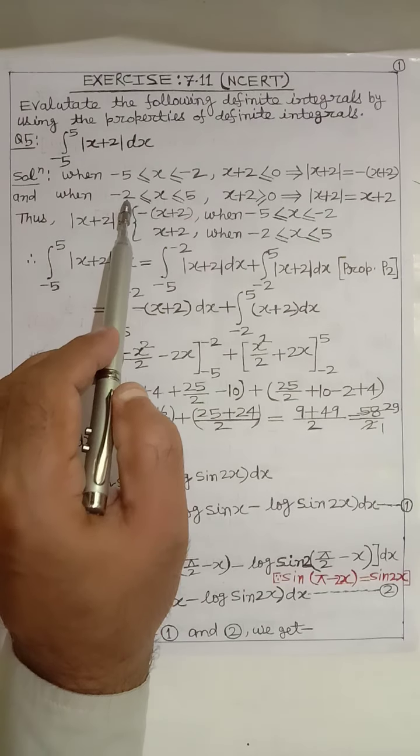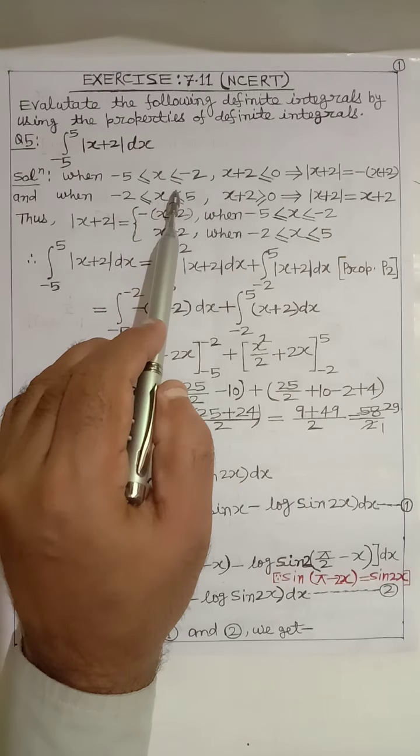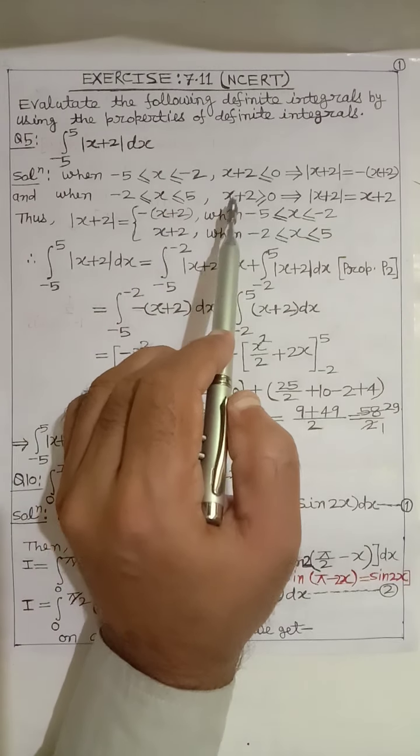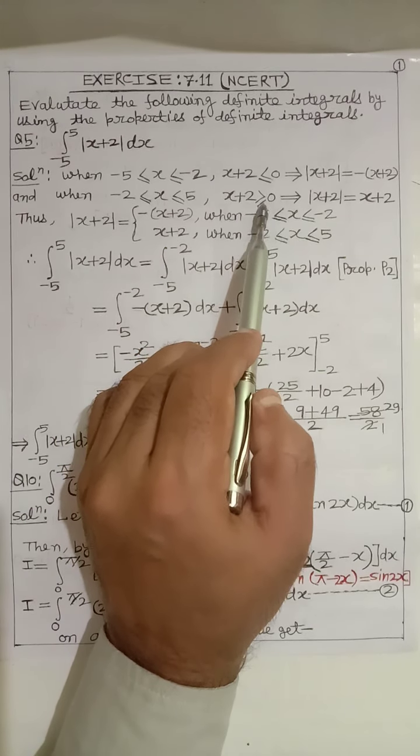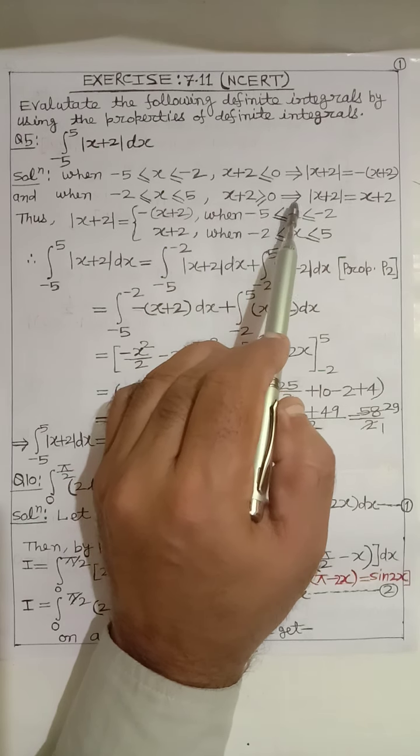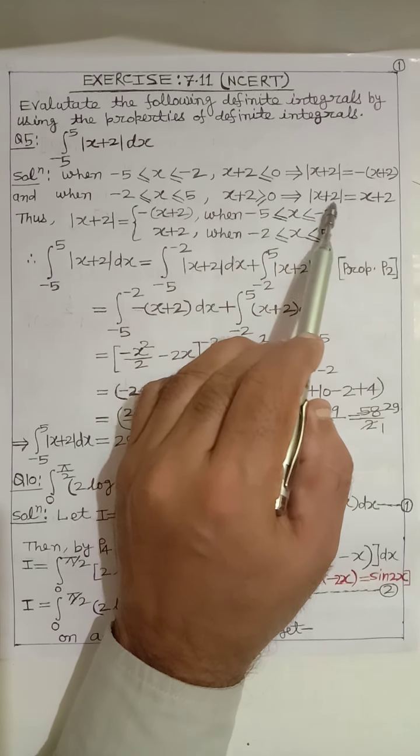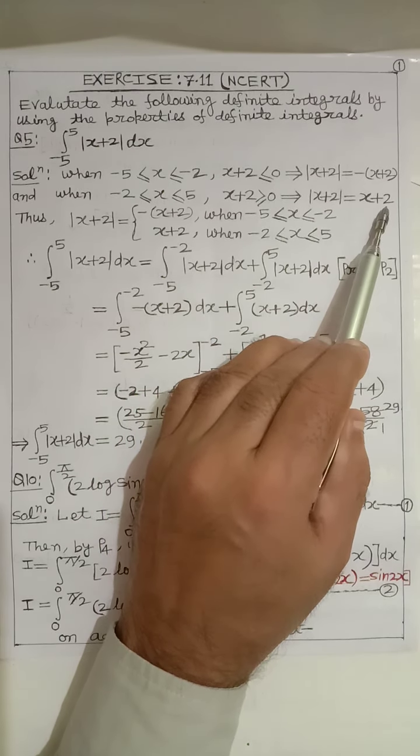And when minus 2 is less than or equal to x less than or equal to 5, in this case x plus 2 is greater than or equal to 0, and this implies that mod of x plus 2 equals x plus 2.